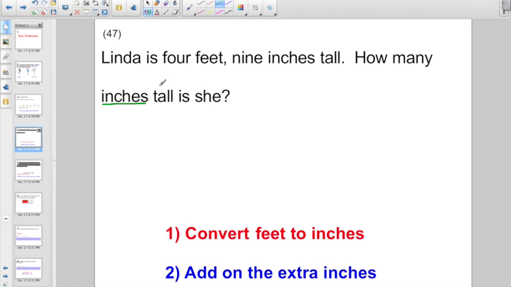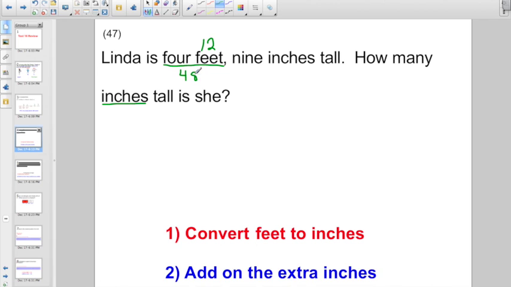How many inches are in a foot? And hopefully you know that is 12. That is 4 groups of 12. 12 and 12 and 12 and 12. That's giving you a total of 48 inches right there.